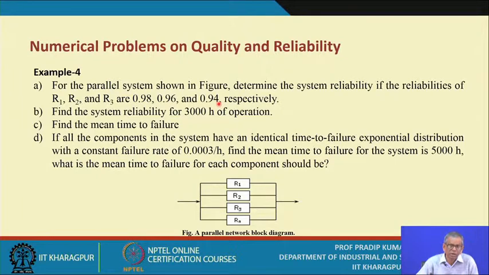And we are assuming that the component reliability remains constant. That is the first assumption. Find the system reliability for 3000 hours of operation.